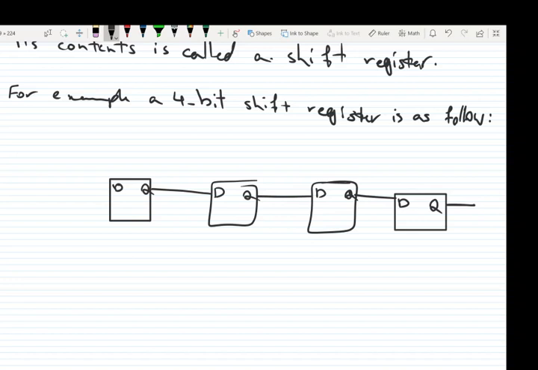and on the right we call it serial output, or SO. The left we call it serial input, or SI, and all of them are connected to a common clock signal.